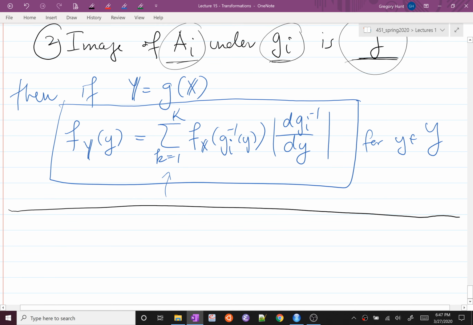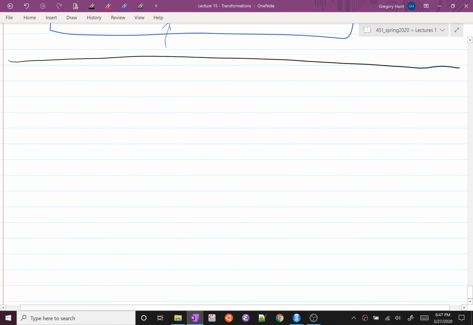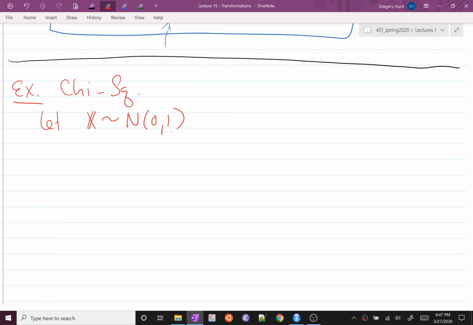So, an example here is our chi-squared random variable. If x is a standard normal, so we go back to the normal, think about the standard normal. Standard normal is 0 mean, unit variance. And I'm going to define y as x squared.